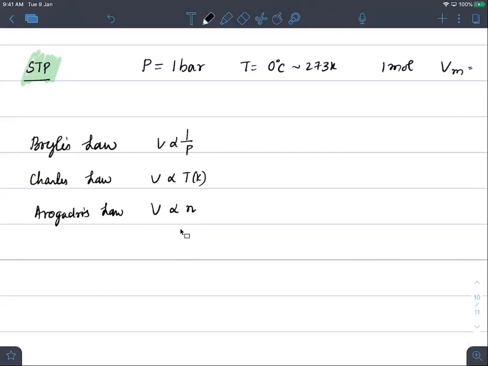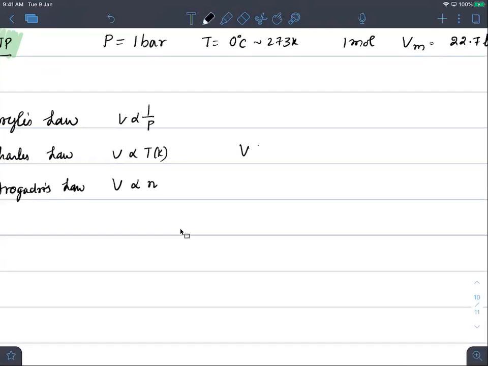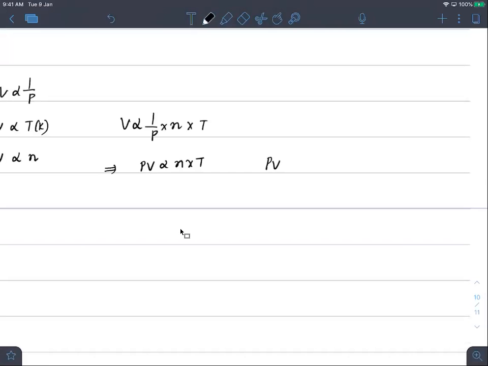Pressure, volume, none of them is constant. Then volume will be inversely proportional to pressure, and directly proportional to number of moles and temperature also. So which means P into V is proportional to N into T. If I remove the proportionality, I will get a constant, and that constant is termed as R. And this R is called the universal gas constant.